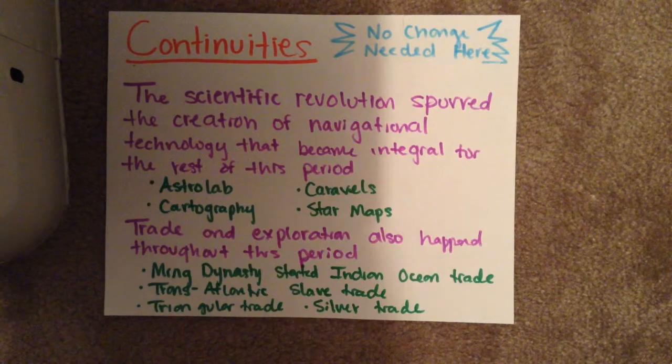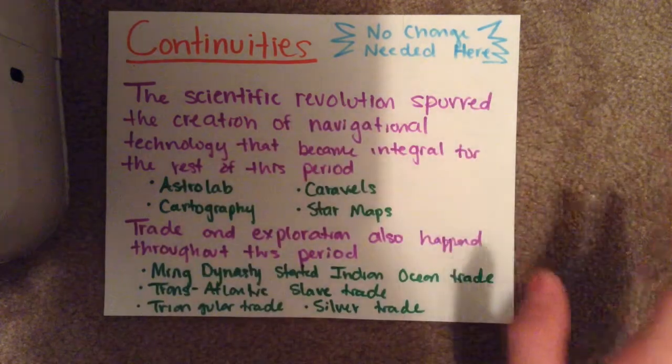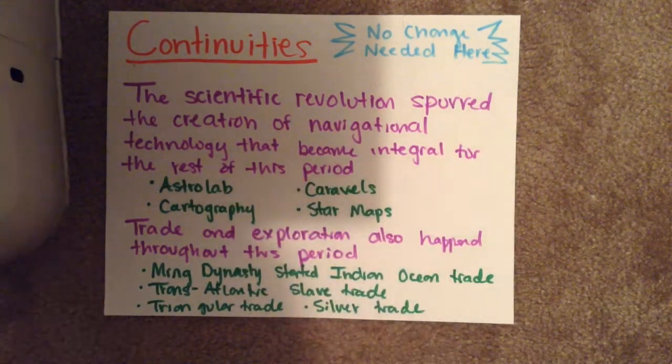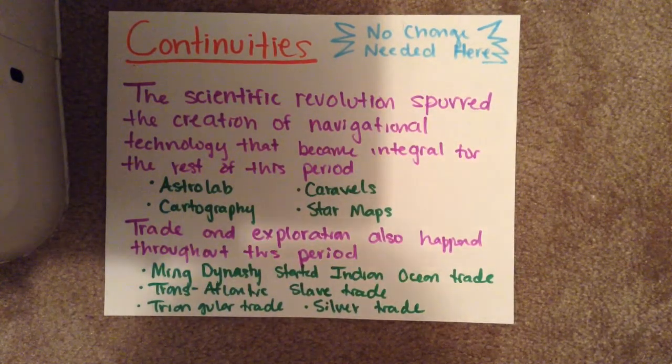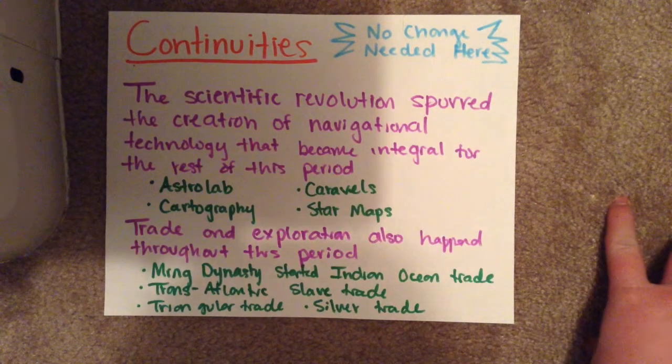During Period 4, there were many ideas and events that happened and had a lasting impact on the period, and these continuities sort of shaped the way this period worked. One of these was the scientific revolution and how it spurred the creation of new navigational technology, which later became integral for trade and exploration.